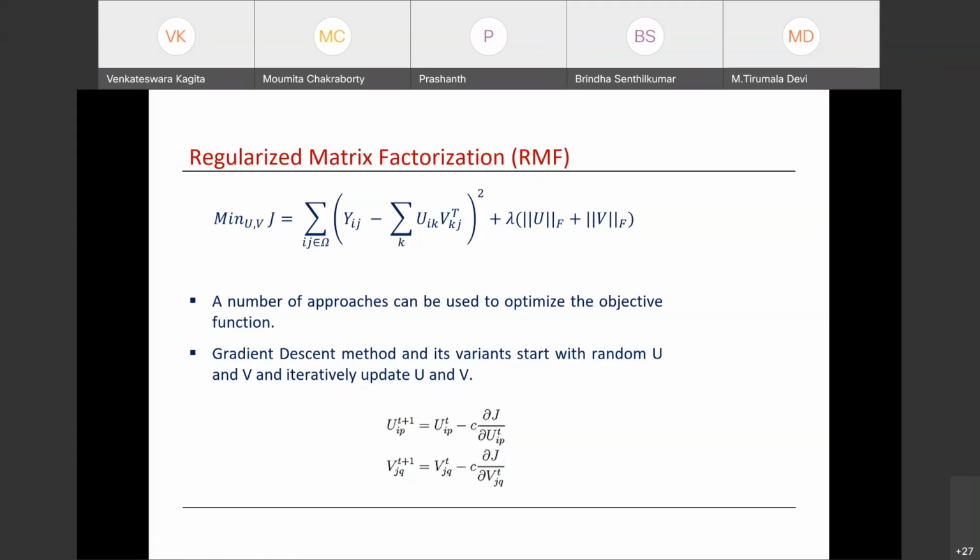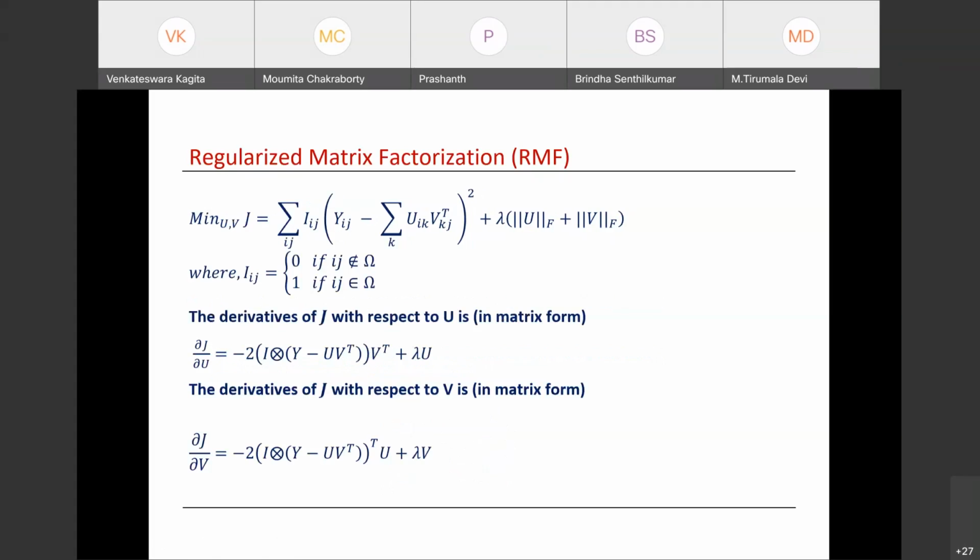If you compute this derivative of J with respect to U_ip and vectorize it, this is how it looks: the vectorized implementation. It means the whole U matrix can be updated at a shot. Similarly, this is the derivative of J with respect to V, and the vectorized implementation means the whole V matrix can be updated at a shot, not element by element.